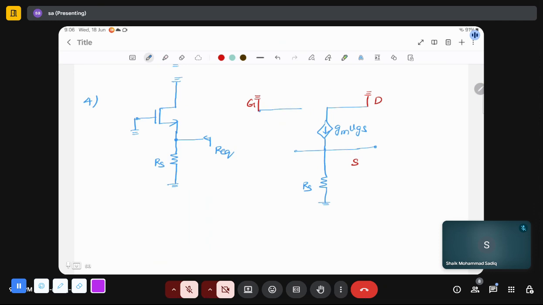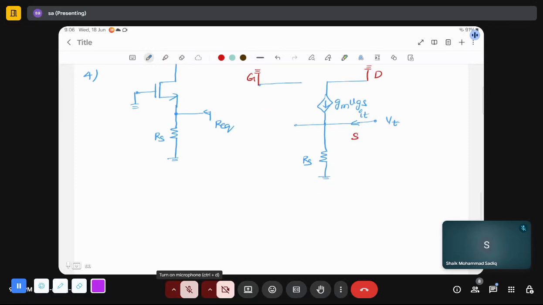Here you apply potential Vt. Here the current flowing is It. Now how to find Vt by It? Any idea? What should I do here? KCL, KVL. First of all, we will determine the relation between VGS and VT.